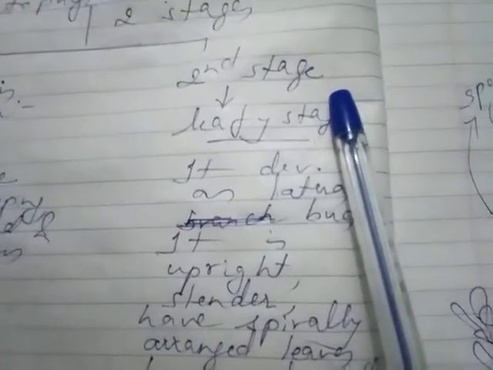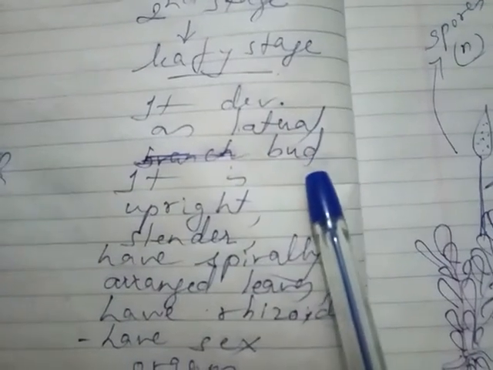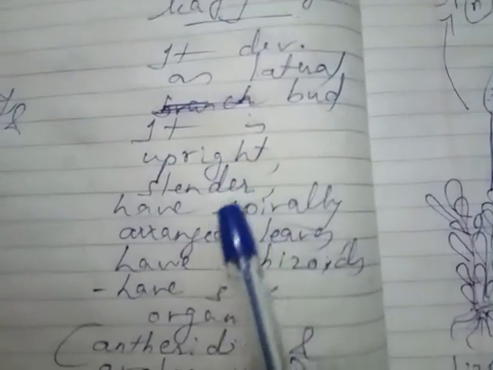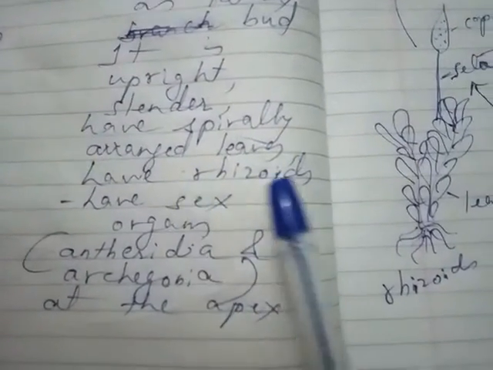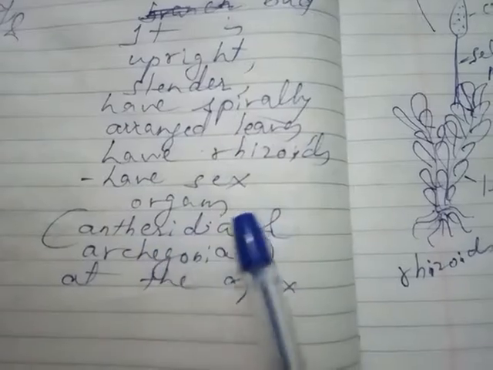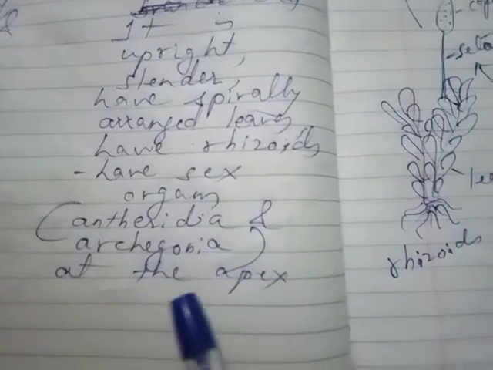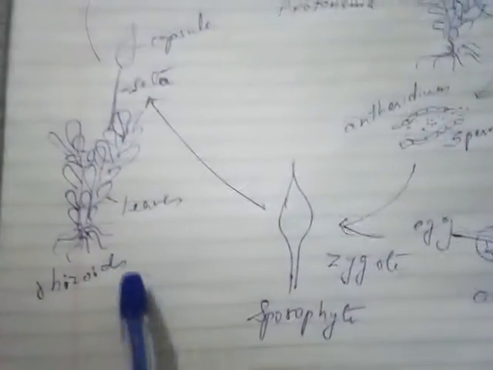The second stage is the leafy stage. It develops as a lateral bud. It is upright, slender and has spirally arranged leaves and rhizoids, and it will have sex organs, antheridia and archegonia, at the apex. Let us understand this with the help of a diagram.